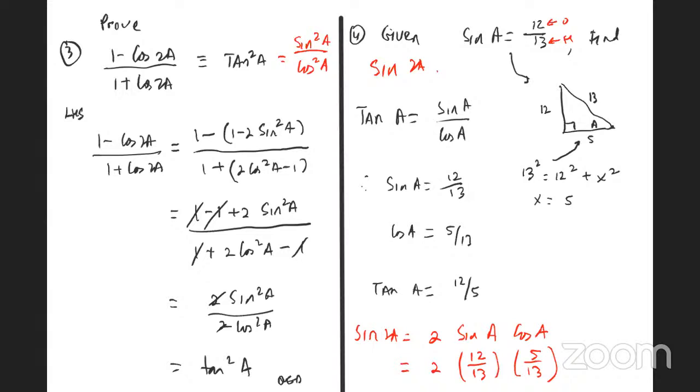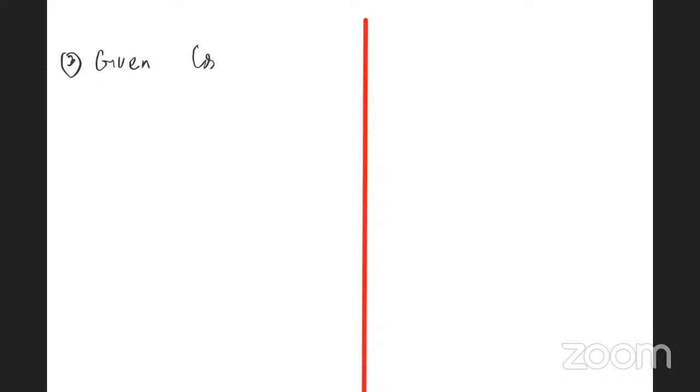All right. So let's try one now. Let's change it up a little bit. Number 3, I think. So let's say I gave you cos now. Suppose I told you cos A is equal to 4 over 5.